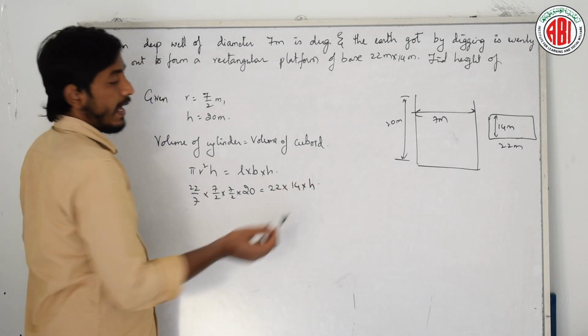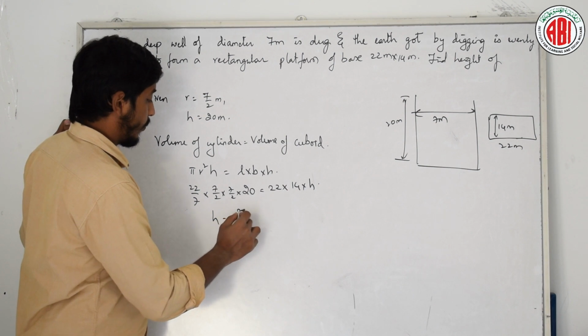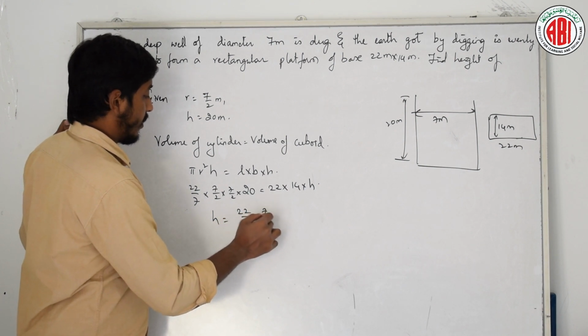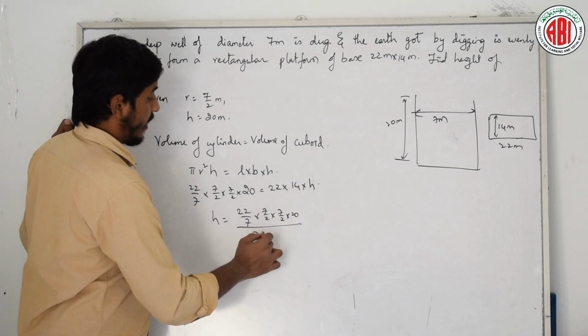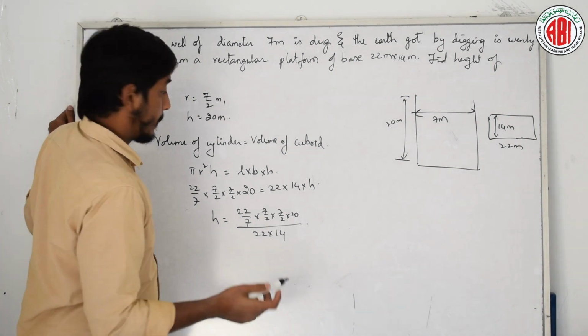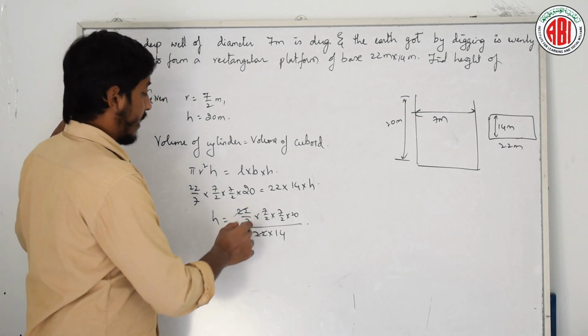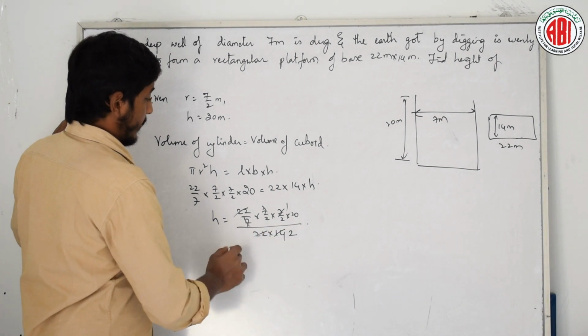We have to find height. Therefore, height is equal to 22/7 into 7/2 into 7/2 into 20 divided by 22 into 14. Shall we do? See here, 22 will get cancelled, 7 will get cancelled, 7 1s are 7, 2 2s are 4.